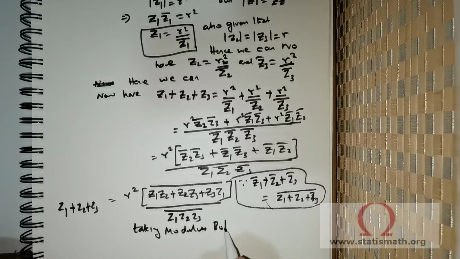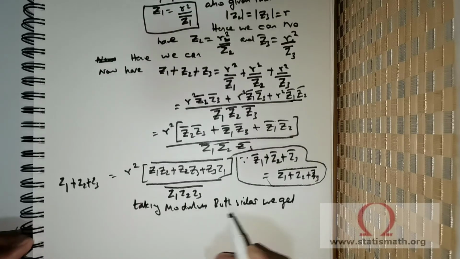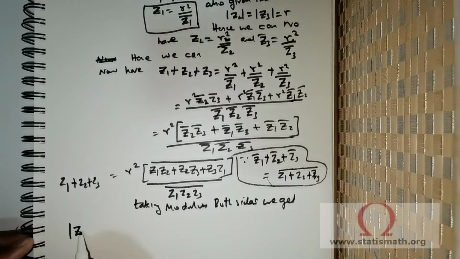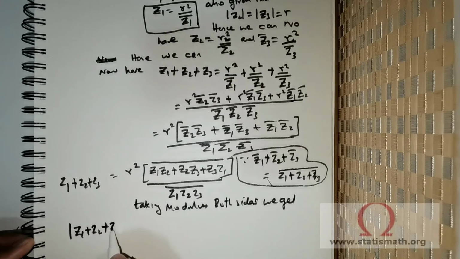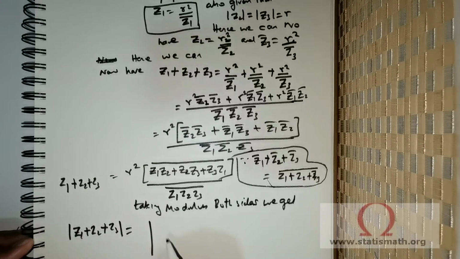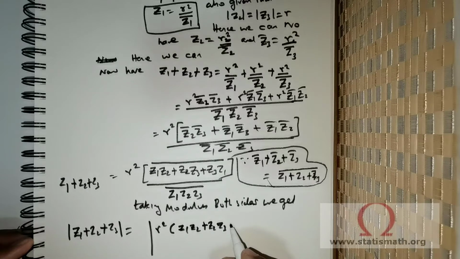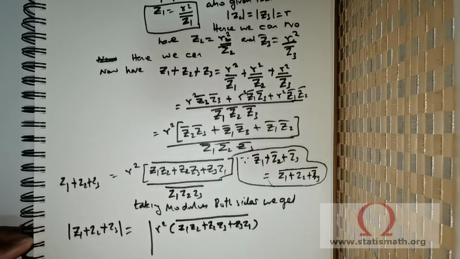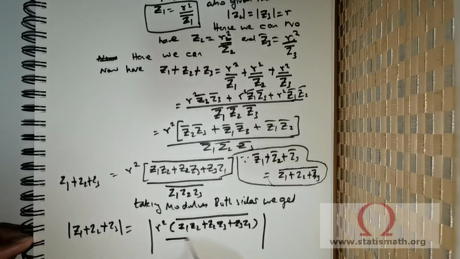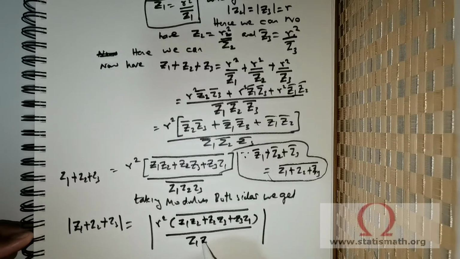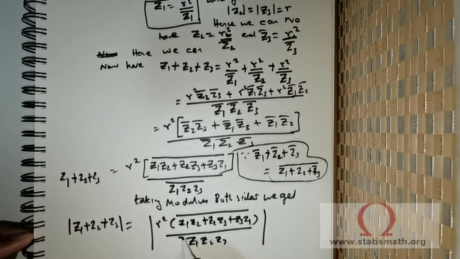Taking the modulus, this is going to be modulus of z1 plus z2 plus z3 is equal to modulus of r squared times the conjugate of (z1 z2 plus z2 z3 plus z3 z1), divided by the conjugate of z1 z2 z3.